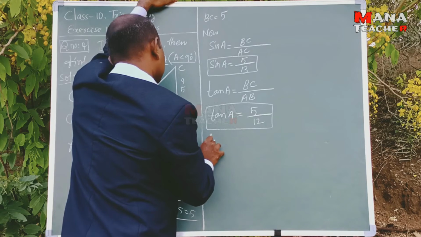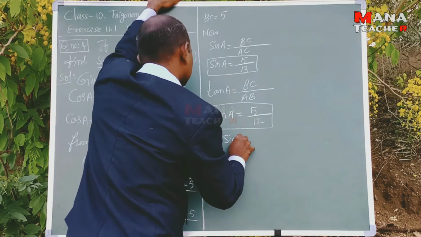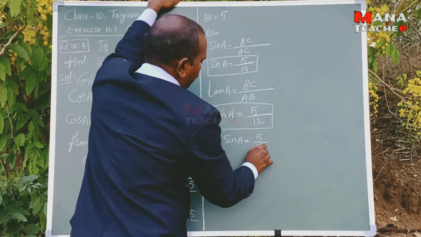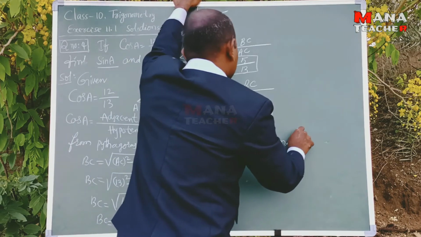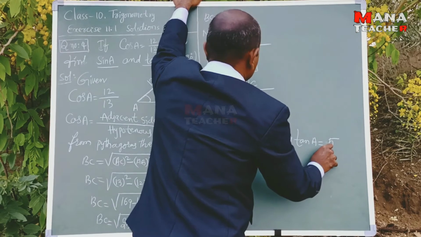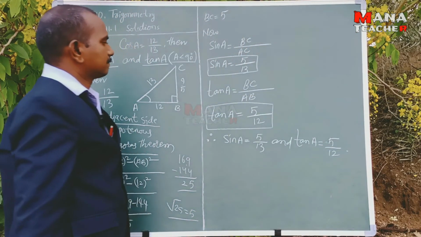Therefore sin A equals 5 by 13 and tan A equals 5 by 12. Yes, this is the solution.